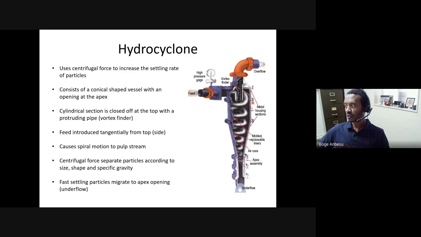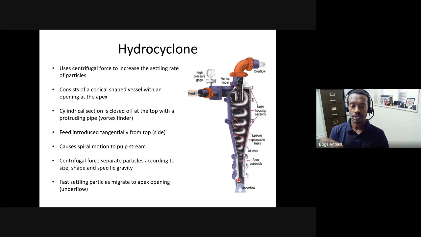So the feed is introduced and makes a bit of a spiral motion inside the cyclone. We're purposely introducing the feed in such a way that it forms a spiral motion inside the cyclone, and these are operated at very high pressures. So the internal pressure inside the cyclone is very high.